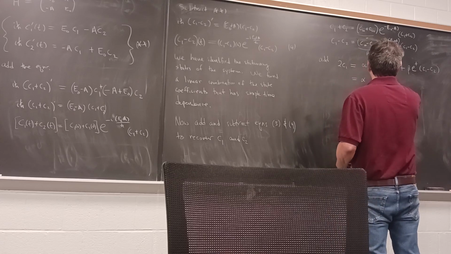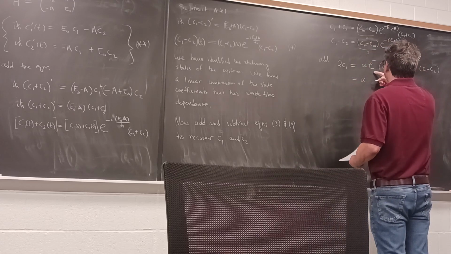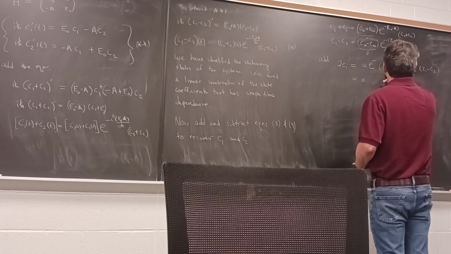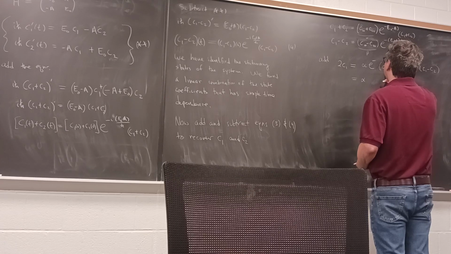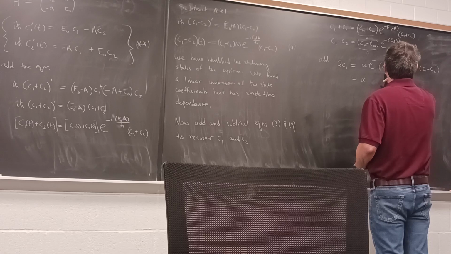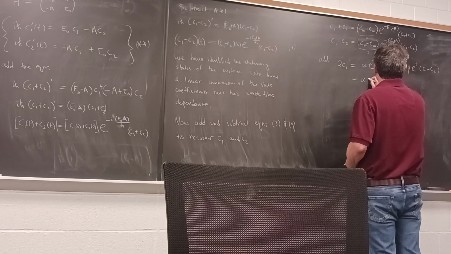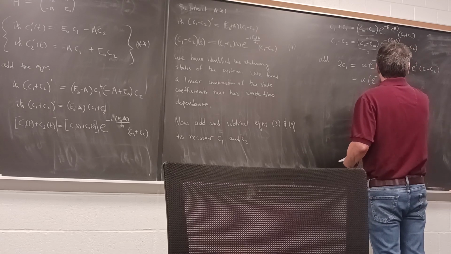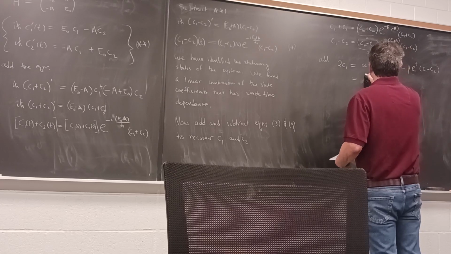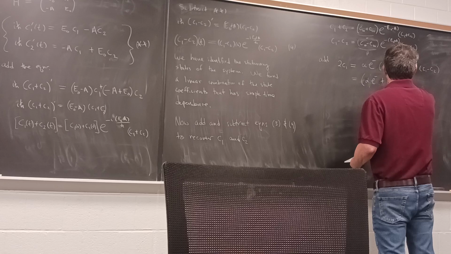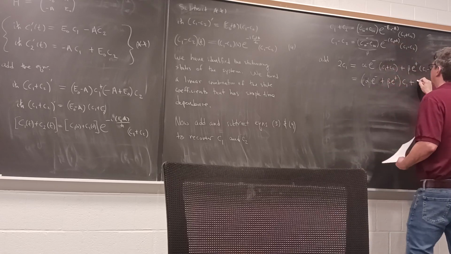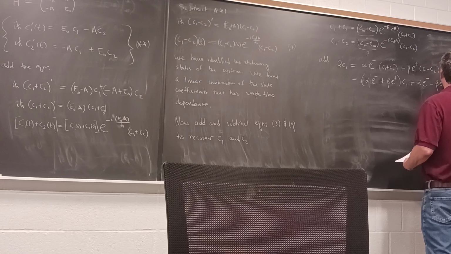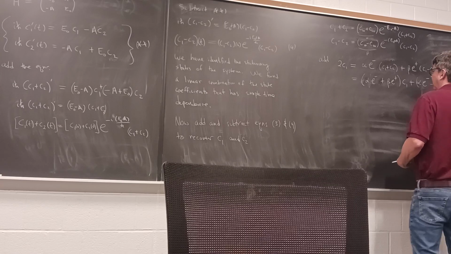If I group C1 and C2 now, I've got alpha e minus plus beta e plus times C1, plus alpha e minus minus beta e plus times C2.